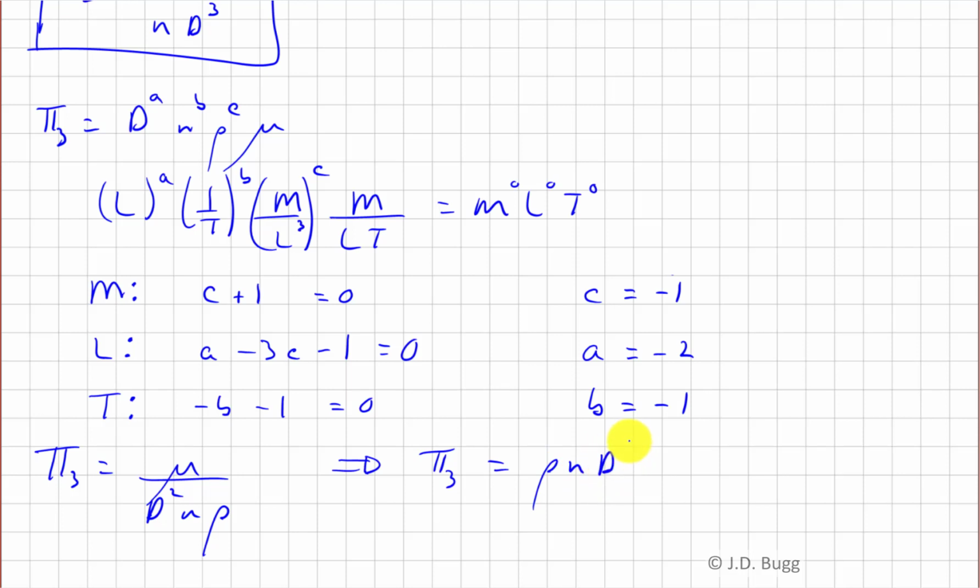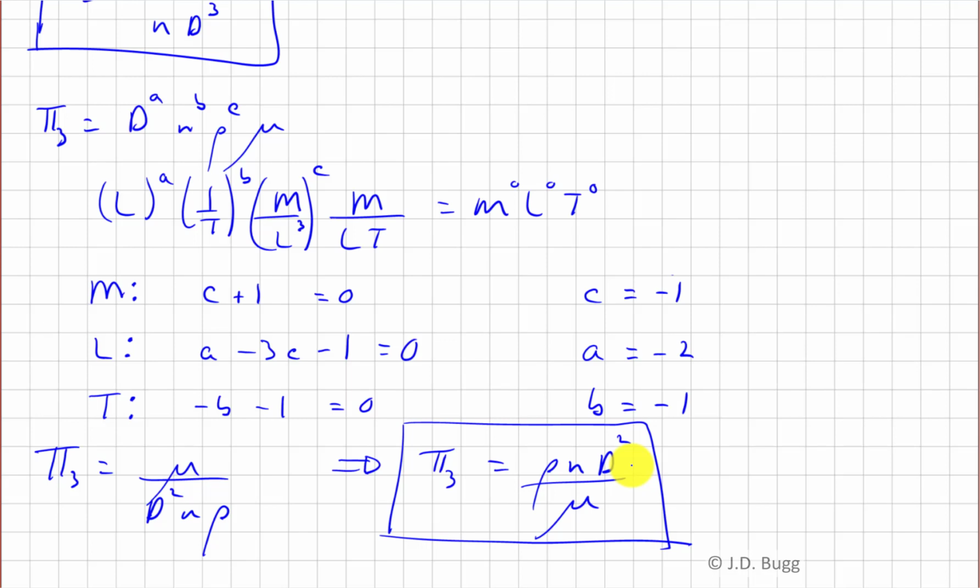So that becomes rho n d squared over mu. So this is our third pi group, and it's really a Reynolds number. The velocity that we normally see in Reynolds number is made up by the speed and one of these diameters, because an angular speed times the diameter gives a velocity, a tangential velocity, and then the other d is the length scale.